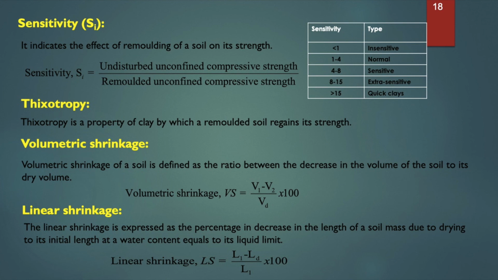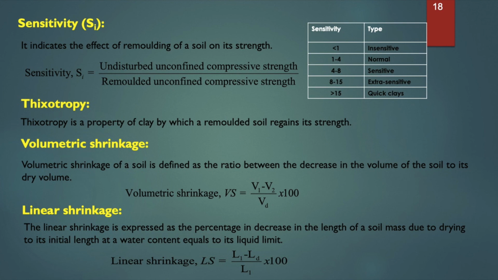Similarly, there is a term called sensitivity of the soil, which is defined as the ratio between the undisturbed unconfined compressive strength and the remolded unconfined compressive strength. When we take a soil and mold it into different shapes, and then leave it, the soil will start to gain its strength. So, depending on the ratio between the undisturbed and remolded unconfined compressive strengths, the sensitivity term is defined.